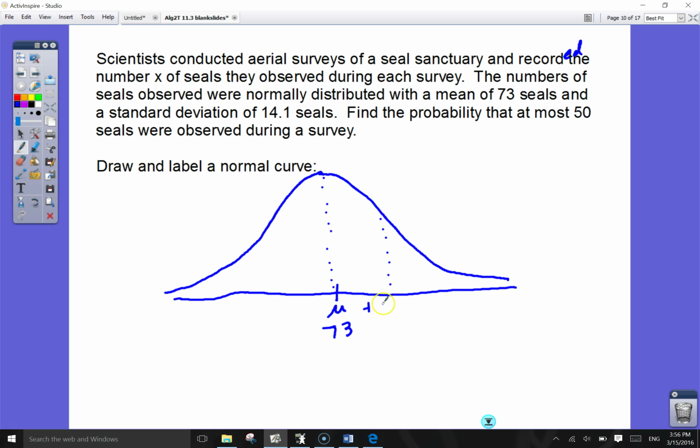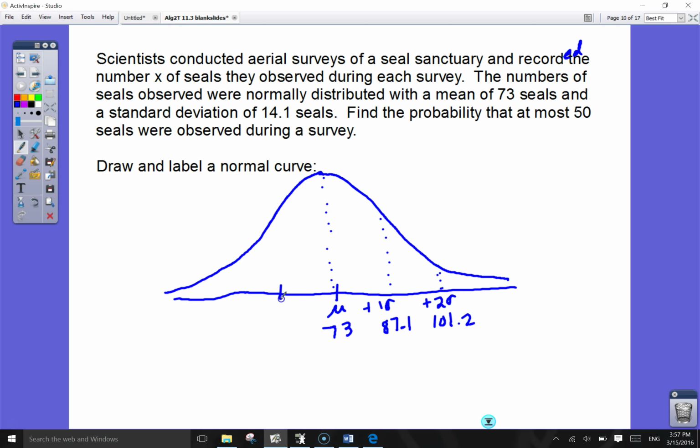That would be plus 14.1, so that is 87.1. Then I can go the same distance again, plus 2 sigmas, and that'll be 101.2.